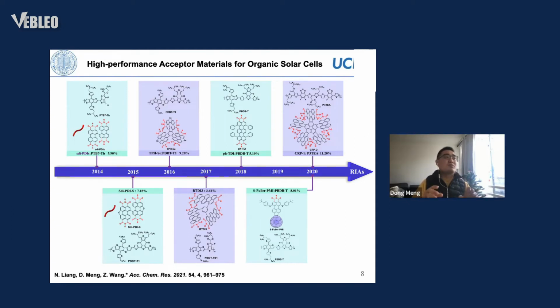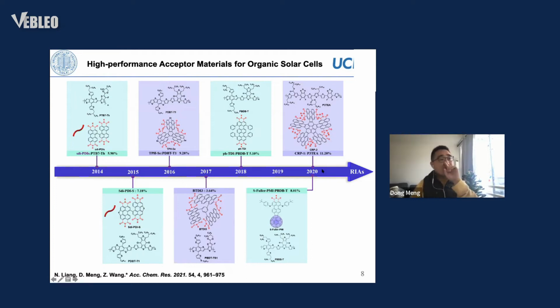So we must use steric effects to make the fused rings twist. We introduced a molecule we call TPH. Using fused rings and twist structures, we get better mobilities than single links, and the PCE was also the highest at that time.